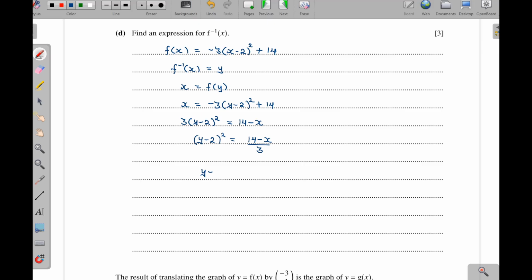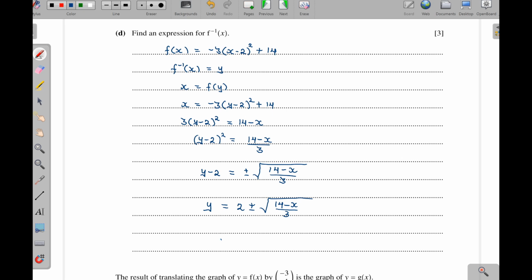Then now you can take the square root, and whenever you take the square root, you have plus or minus, not so? Of 14 minus x over 3. Then you take this on this side, we shall have y which is equal to 2, then plus or minus the square root of 14 minus x over 3.